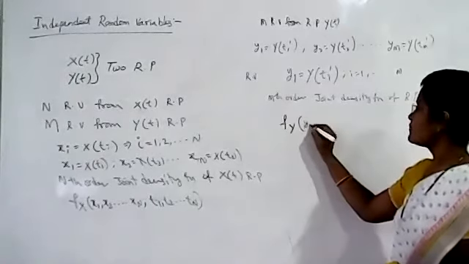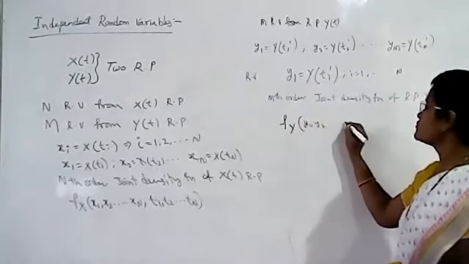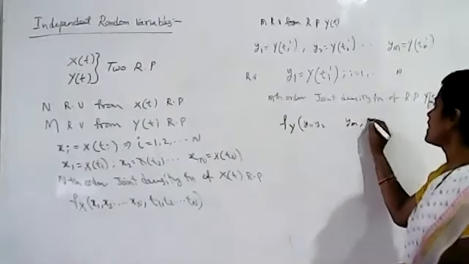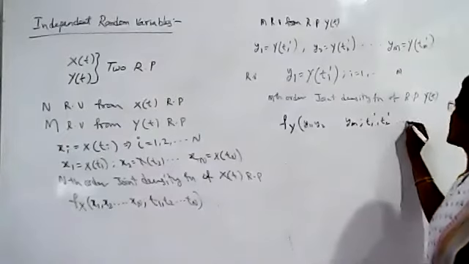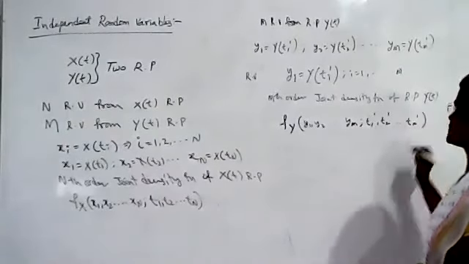What are the random variables? Y1, Y2, and so on up to Ym, at which time instances? t1', t2', and so on up to tm'.